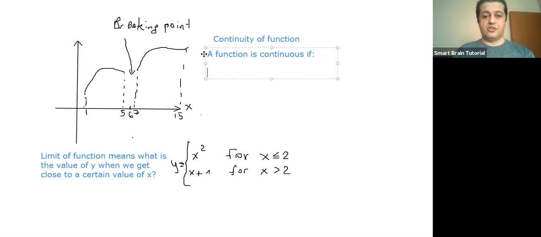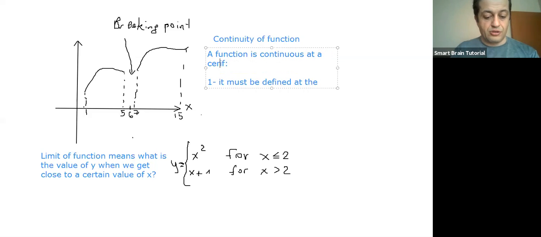Okay. A function is continuous if three conditions are met. The first is that the function must be defined at the given point, because a function is continuous at a certain point x if it is defined at that point.